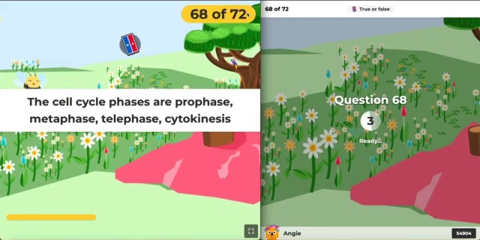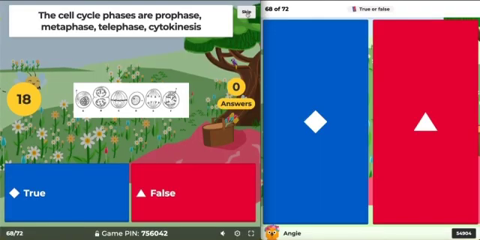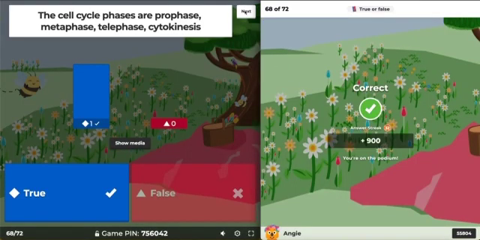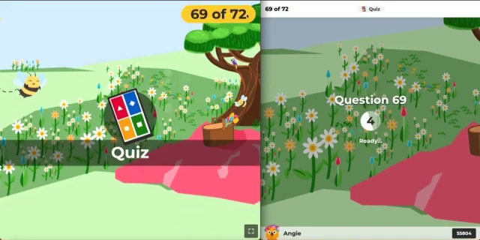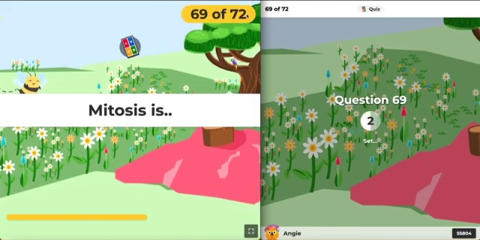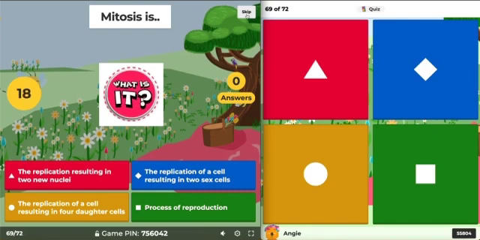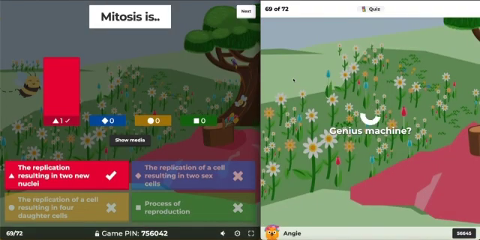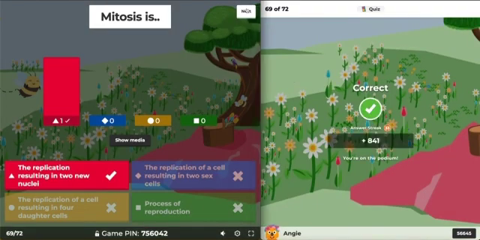True or false? The cell phases are prophase, metaphase, telophase, cytokinesis, and that is true. Mitosis is the replication resulting in two new nuclei, two new somatic cells.